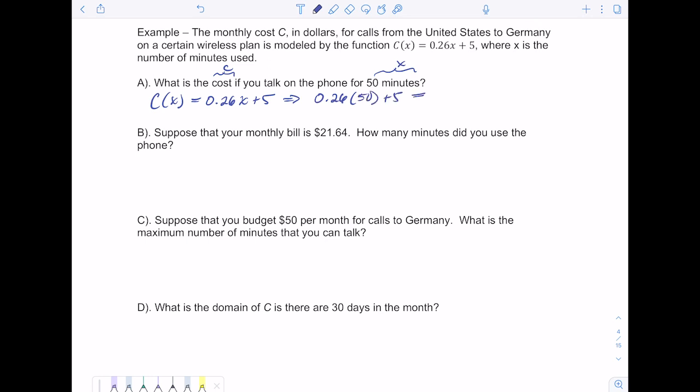If you multiply 0.26 times 50 and you add 5, you should get 18. So that means it's $18 to talk on the phone for 50 minutes if you are calling from the United States to Germany.